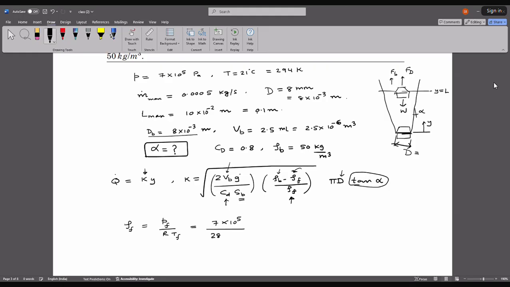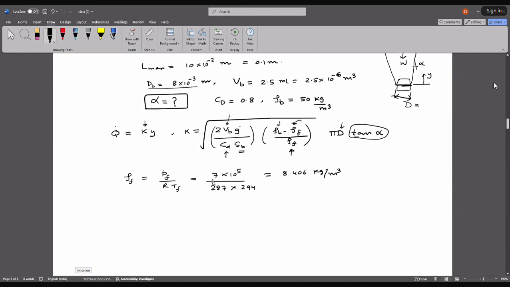R is 287 and temperature TF is 294. So if you do the calculation correctly, you get 8.406 kg per meter cube as the density of the fluid. So here all the parameters are known.